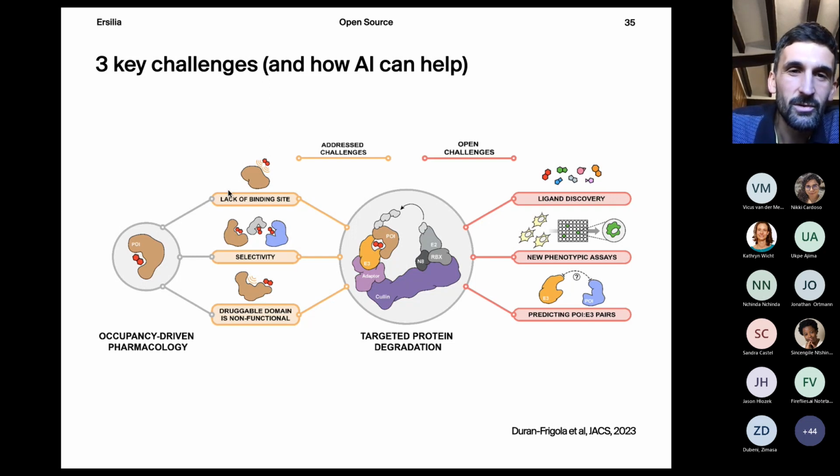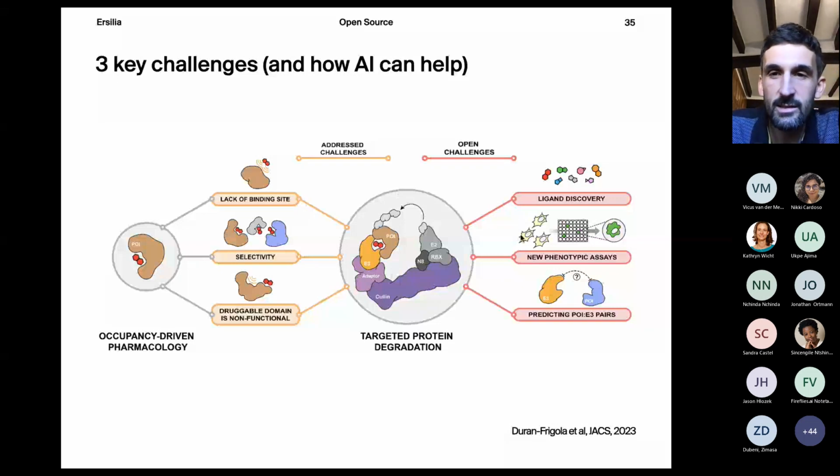Some proteins do not have a binding site naturally, whether an orthosteric or even an allosteric site. Occupancy-driven pharmacology has selectivity issues, and sometimes our binding is non-functional. All of these challenges of developing inhibitors that we all know are addressed with this new paradigm of targeted protein degradation.